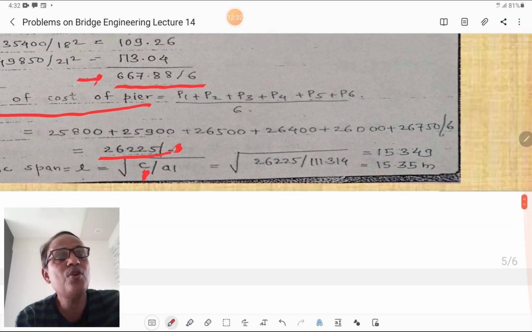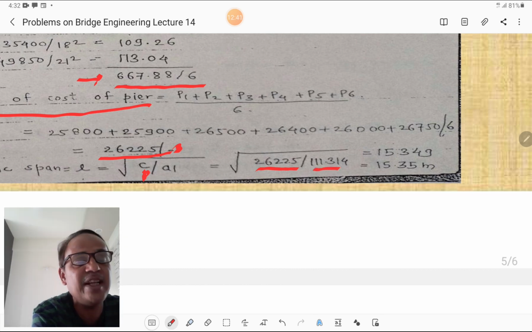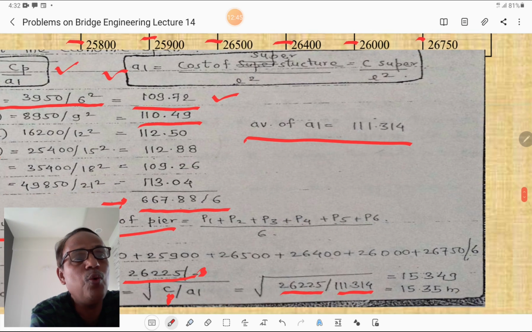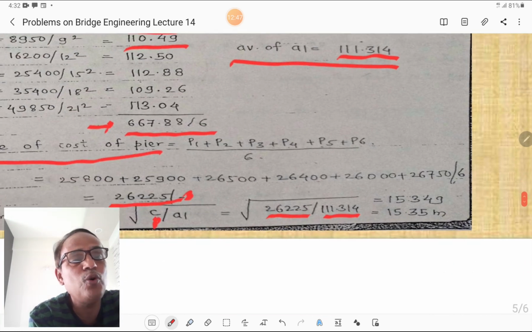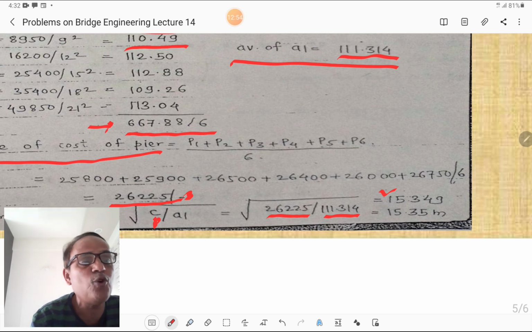What is Cp or C? That is the average cost of pier, that is 26225 we calculated here, and A1 is the average A1 we calculated here, 111.314. Under root of that, we get the value of economic span as 15.349, say 15.35 meter.